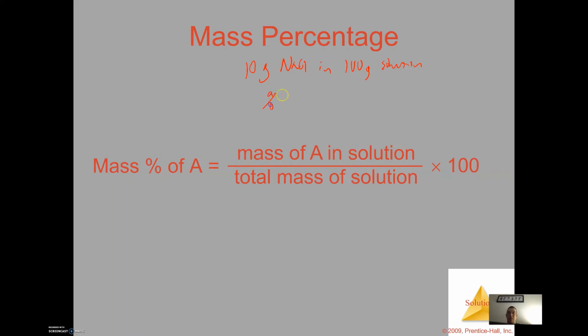Well, the percent mass of NaCl would be equal to 10 grams divided by the 100 grams times 100, which would be 10% NaCl. So that would be the mass percent of NaCl in solution. So it is that easy to figure out what mass percent is.